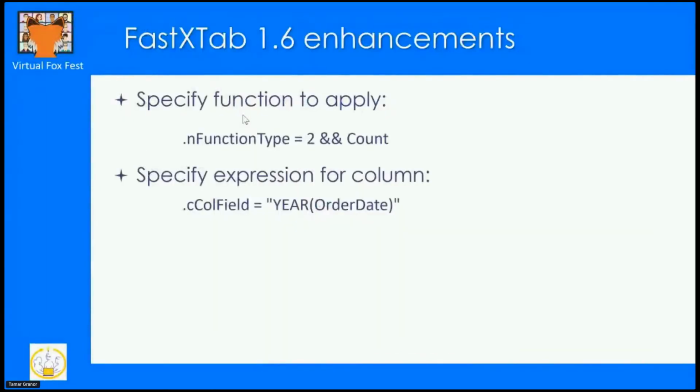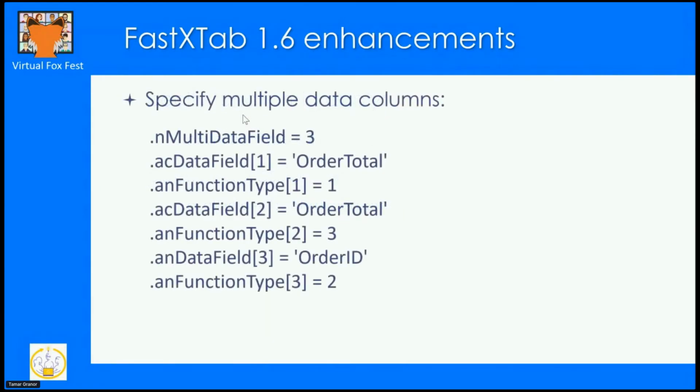What else can we do with FastXtab 1.6? We can put multiple data columns. With VFPXtab and FastXtab 1.0, you can only have one set of data columns. You only do one aggregation, but FastXtab 1.6 lets you do multiple aggregations. So in the example here, we're saying I want 3 data fields, 3 different sets of columns in my result.